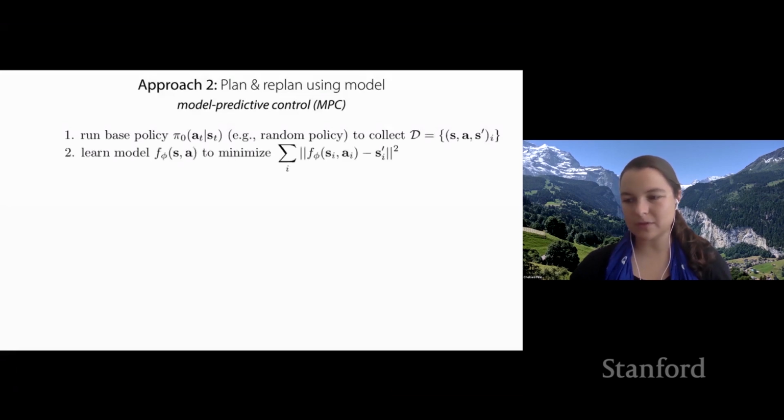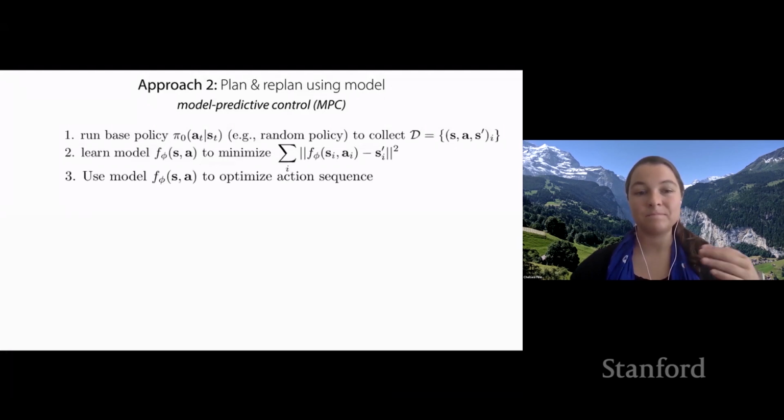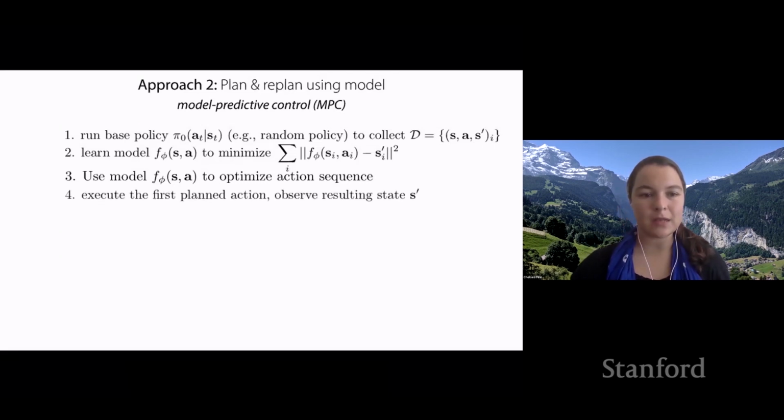So the way this looks is you first run some initial policy to collect data, learn a model using that data, and use your model to optimize over an action sequence. All of these first 3 steps are the same as before. Now what we're going to do is execute the first planned action.